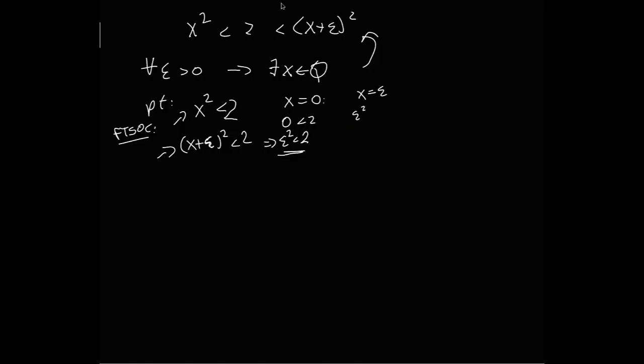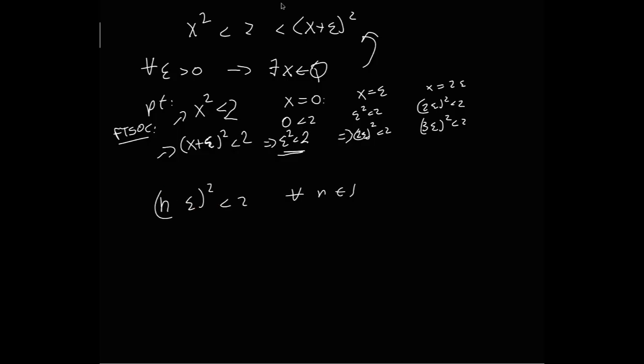This will tell us that if epsilon squared is less than 2, then epsilon plus epsilon, or 2 epsilon squared, is less than 2. So on. We can prove using induction that if 2 epsilon squared is less than 2, then 3 epsilon squared is less than 2. So you can prove that n epsilon squared is less than 2 for any natural number n using induction. Okay, but hold on, what does this mean?